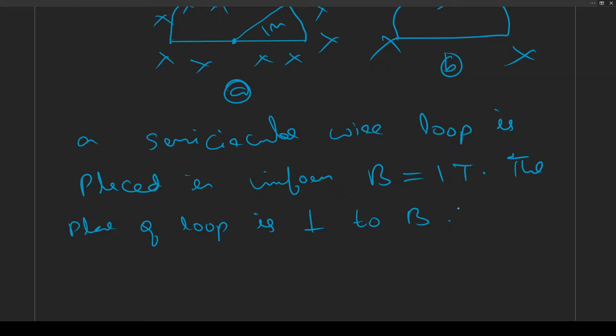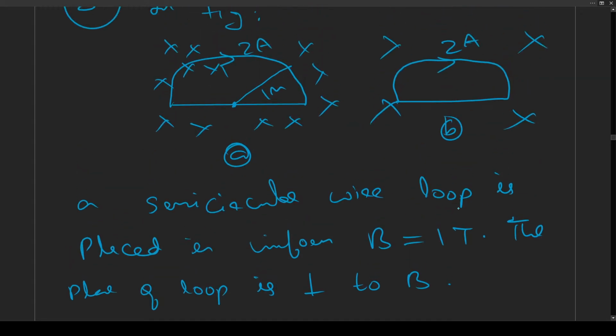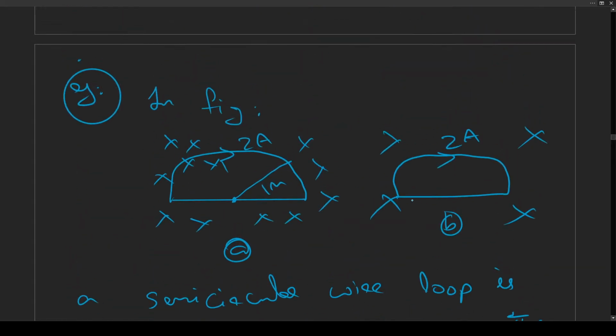Okay, the second loop, the current is in this way, but the current is going like this and this. In here, in this case, the current is going like this.